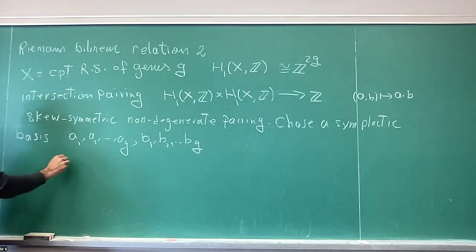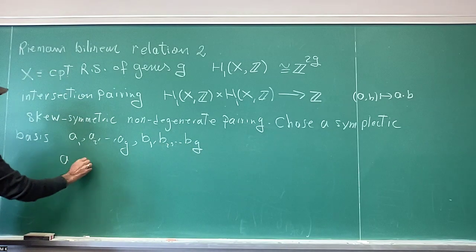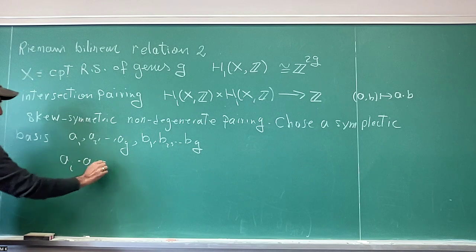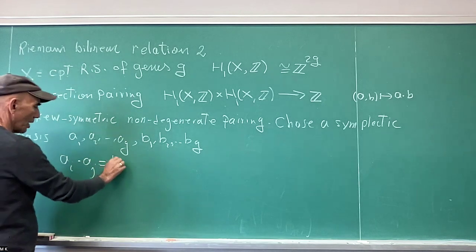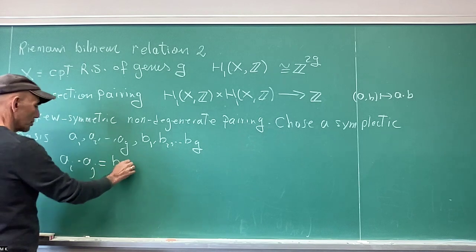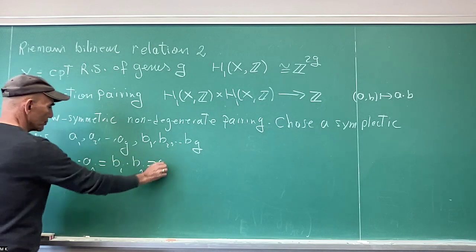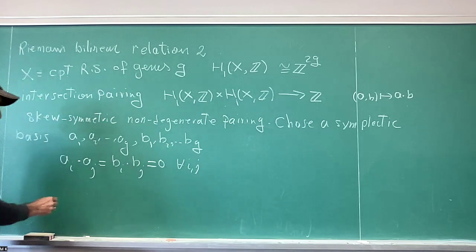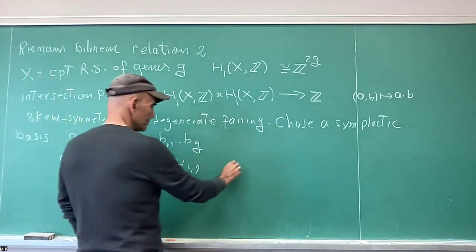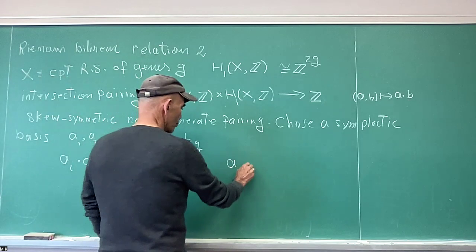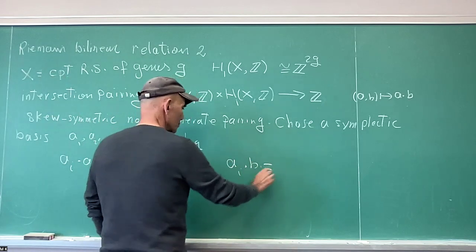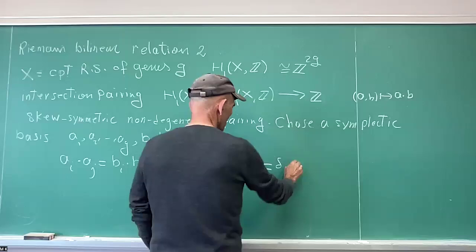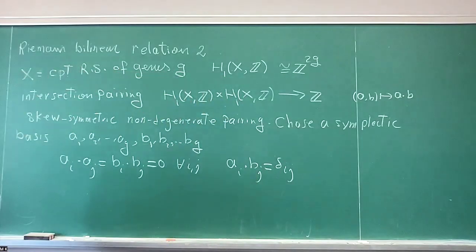And they satisfy the following properties. First of all, Ai dot Aj is equal to Bi dot Bj is equal to 0, for all i and j. And then Ai dot Bj is equal to delta ij. This is called a symplectic basis.